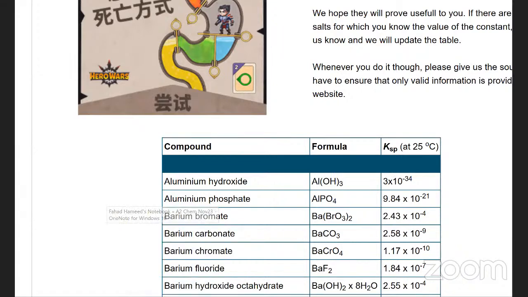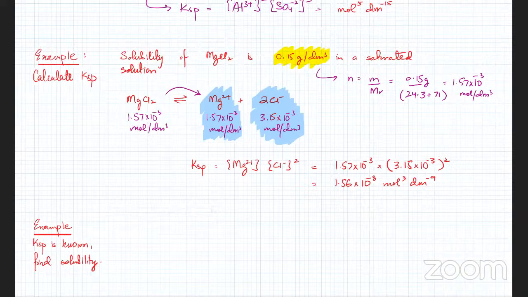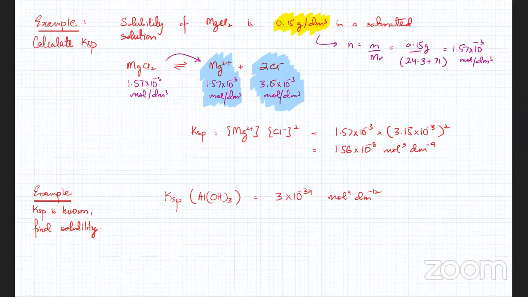So Ksp of aluminium hydroxide is 3 times 10 to the power minus 34. Iska jo unit hoga na, that's probably going to be mole 4 DM minus 12. That's your Ksp.